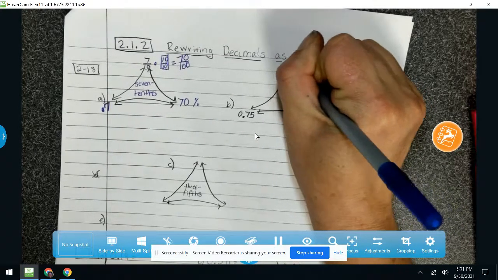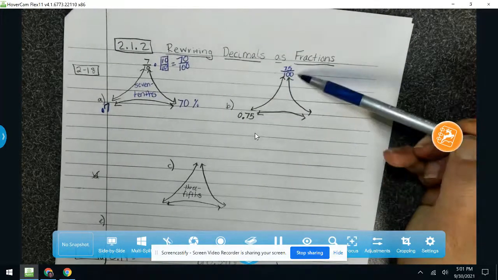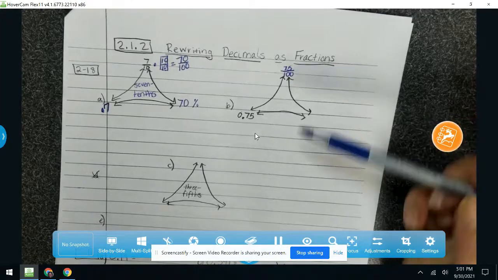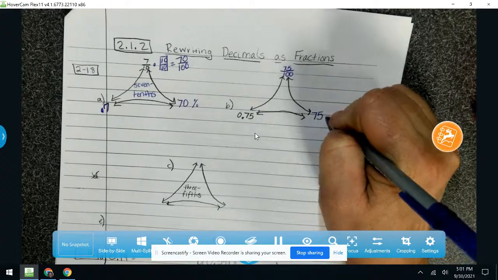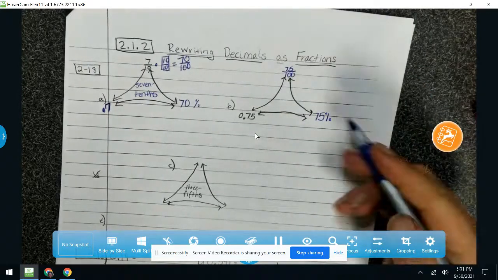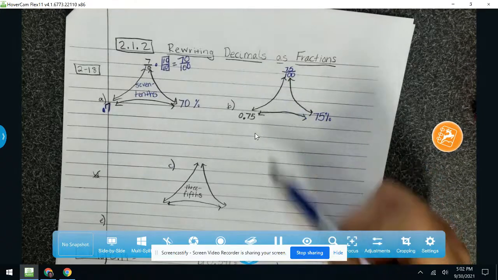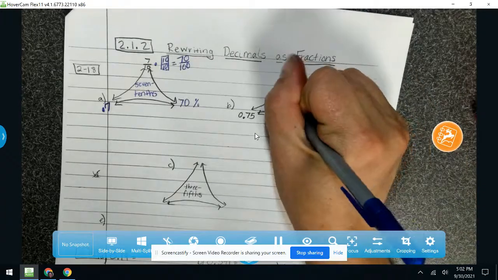So I have 7,500 hundredths right there. Because I have 7,500 hundredths, I don't even have to do any extra math. I've got 75% because my denominator is 100. And then in here, I'm going to either write it out or draw a picture of it.